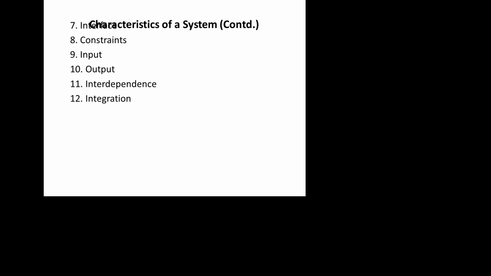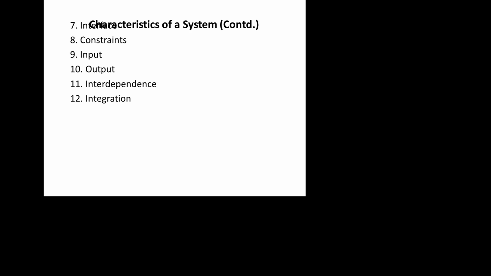Again, constraints, input, output, interdependency, and integration. When we speak of the information system of a business, it has its own input. Input means the data which is given for further processing.